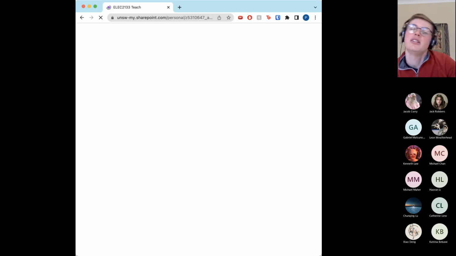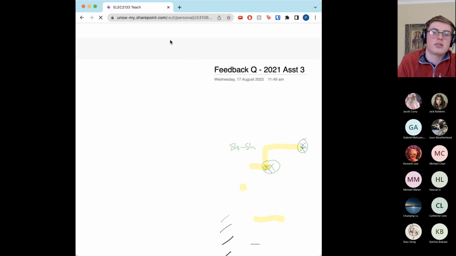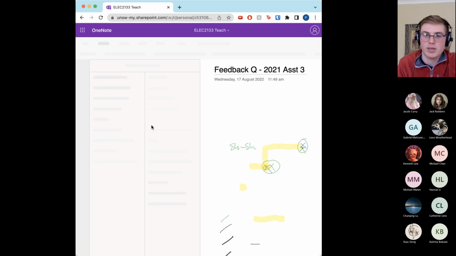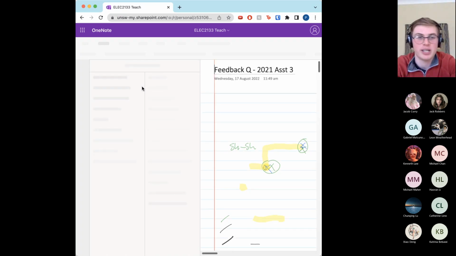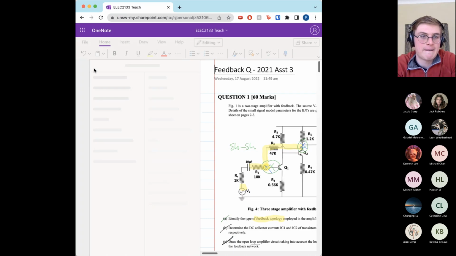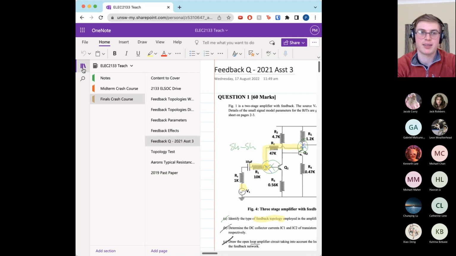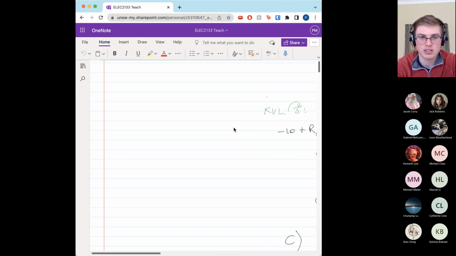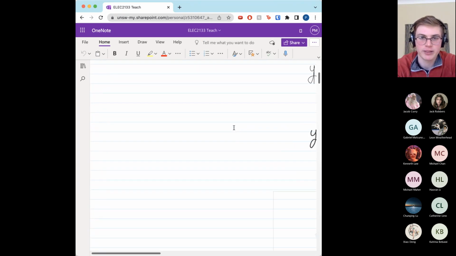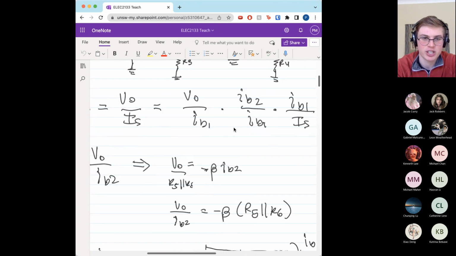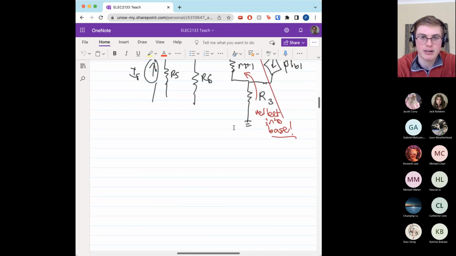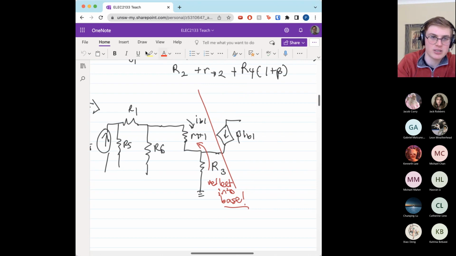And our R3 becomes R3 times 1 plus beta when it's reflected into the base. And if you had to go the other way, it's literally just divide by 1 plus beta. It's that easy, and that's all to do with just the currents. Don't need to stress too much. Just make sure you're using the right one. Double check that sheet that Aaron's given you, or we'll make a nice one.